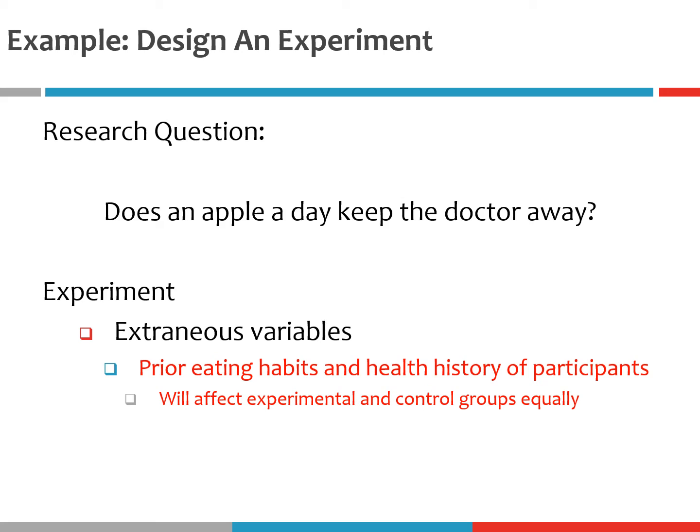So if they're already eating 5 to 7 vegetables per day and getting regular exercise and things like that, then we would expect them to have a fairly low cholesterol level and normal blood pressure, and their BMI would probably be within the normal range.